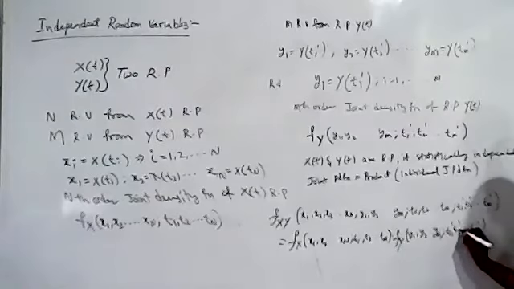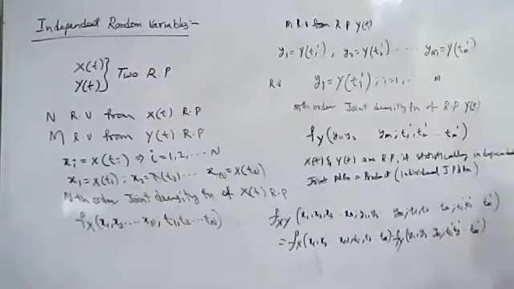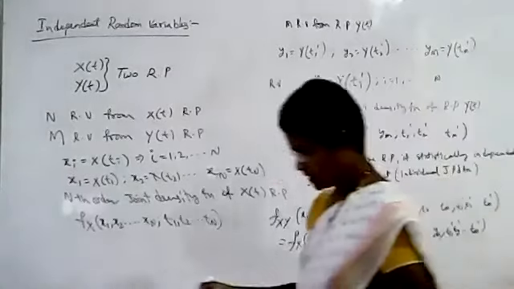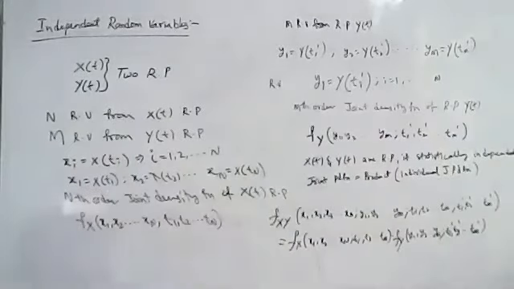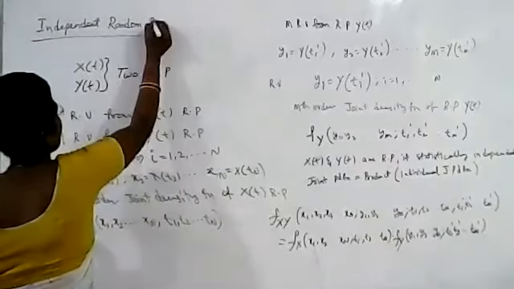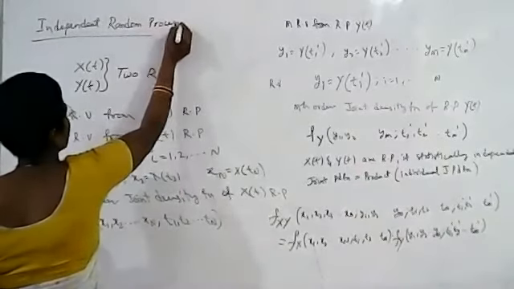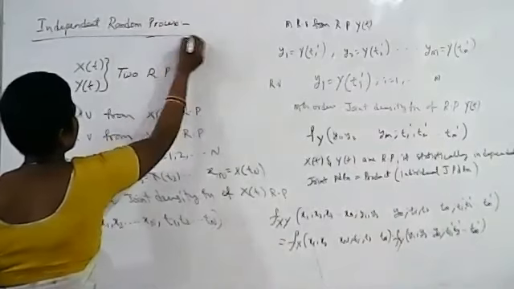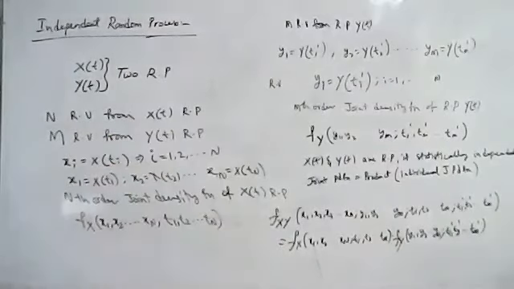This is called independent random processes. When we say this process is independent, we mean the joint density function is equal to the product of the individual density functions.